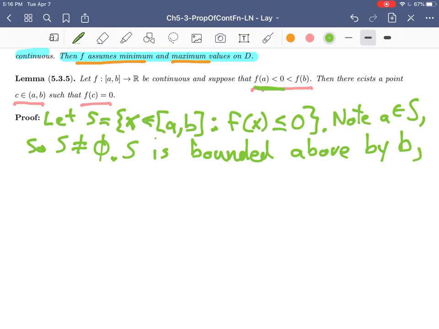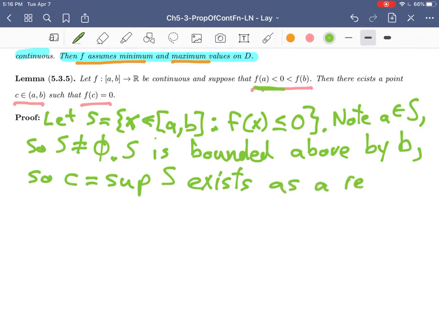So what do we know about bounded sets? Well, if it's bounded above, then there is a supremum. So this supremum exists as a real number in the closed interval from a to b.